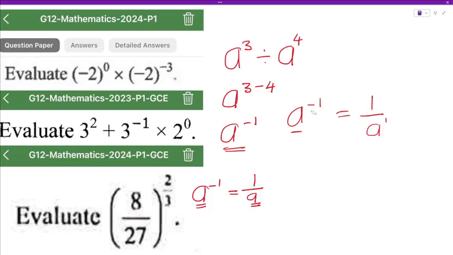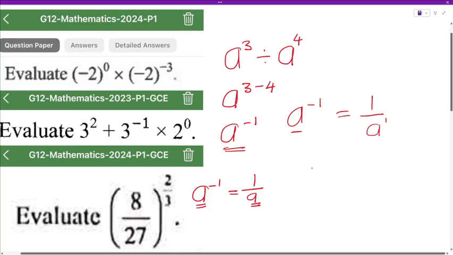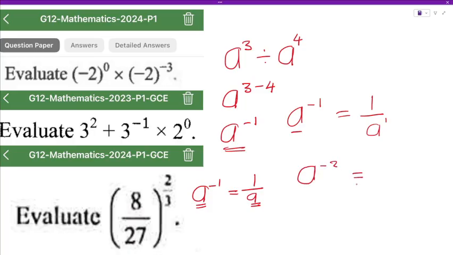What was the power? The power was negative 1. If it was A to the power negative 2, how are you going to rewrite it as a positive index? We said this negative simply means 1 over, and then the base goes down here, and the power follows the base. You notice now that the power has become a positive. So that is how you rewrite negative indices into positive indices.